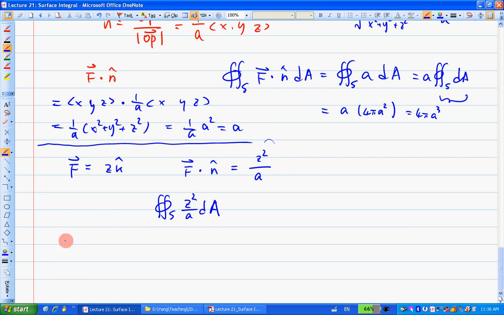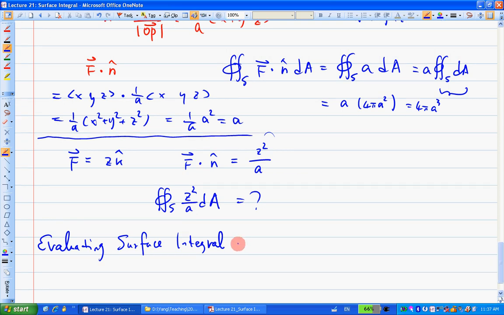So this is the next topic: evaluating this surface integral. How do I calculate this one? First of all, you should not panic. It's brand new, but as you're going to see, a surface integral will basically become a double integral.